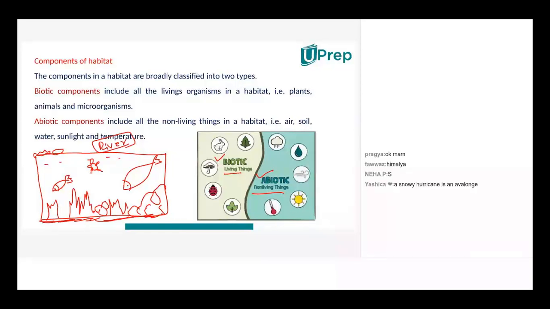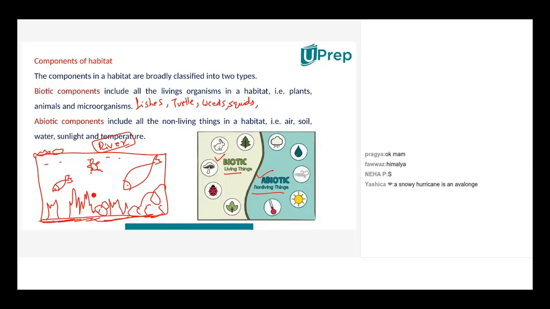Ma'am, in the river, the living components are fishes, sea turtles, turtle, squids, some weeds. Okay, squids is normally found in the sea water or the ocean, but fine, I'm considering an aquatic habitat.